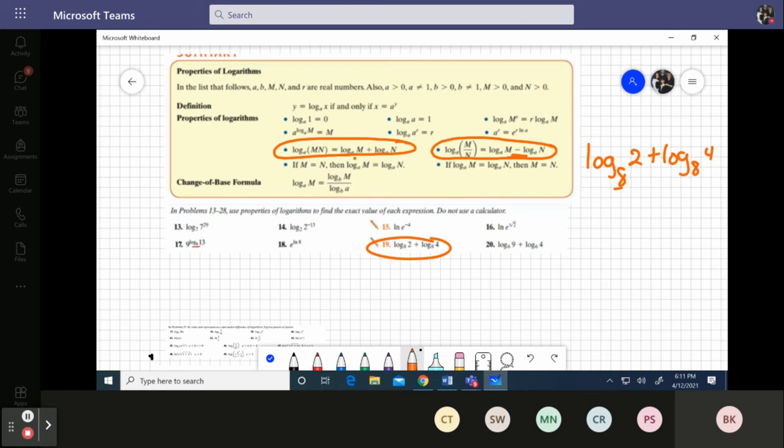Because my bases are the same, I can rewrite that. I can use my product property, and I can say log base 8 of 2 times 4. 2 times 4 is giving me an 8, so I'm going to say log base 8 of 8. And what is my exact value when these two are the same? That's going to be a 1. Okay?